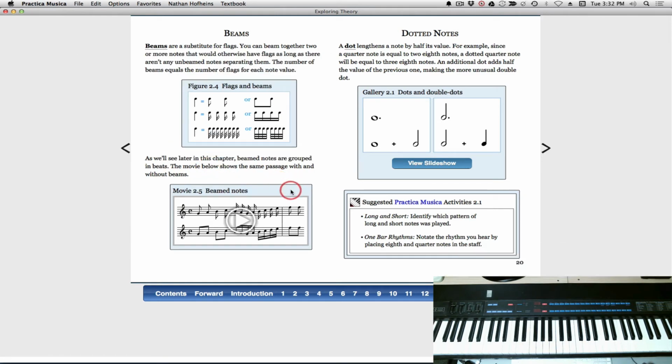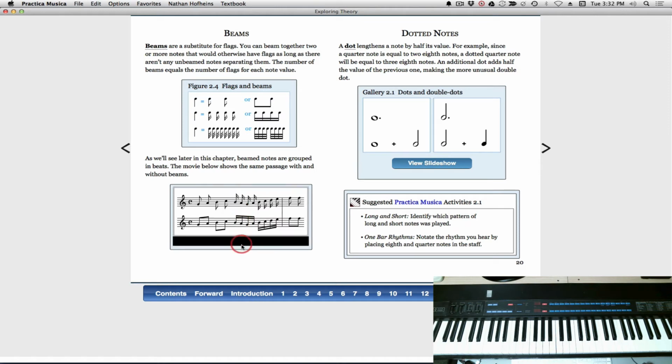Okay, so this kind of shows why it's easier. I'm just going to play that. Right, here's the beat, and it goes. Right, so I'm just going to play it here. Right, there's the beat. 2 and.